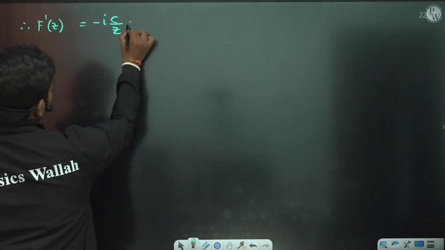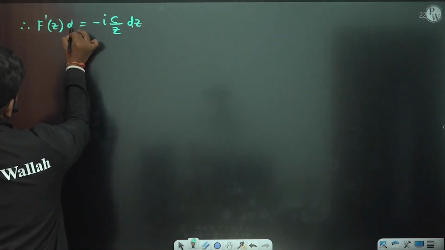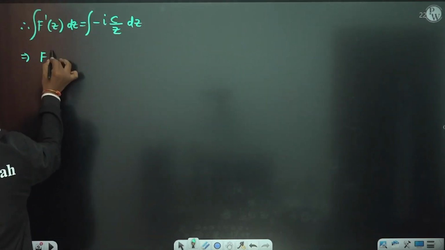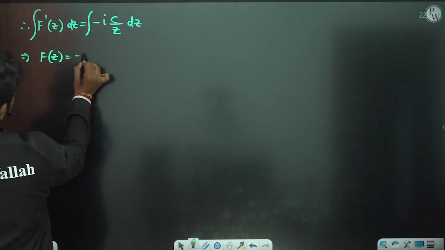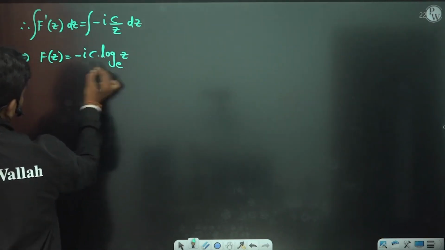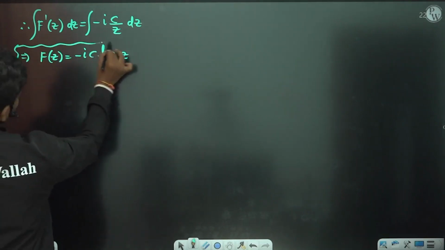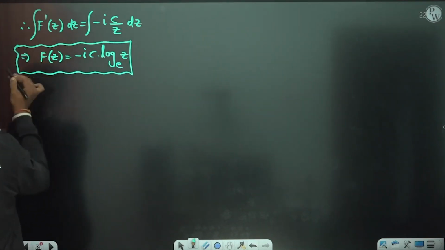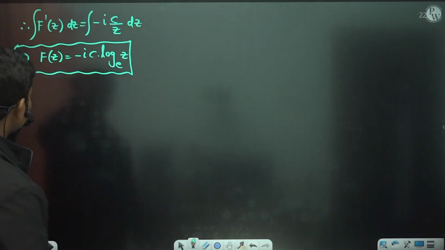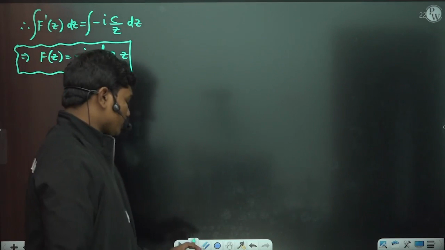Now if you multiply dz on both sides and perform the integration, you have f of z is equal to minus i times c into log z to the base e. So this is the same function I gave you in the beginning. This is the complex potential function.